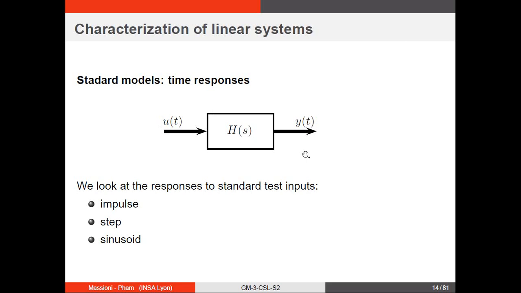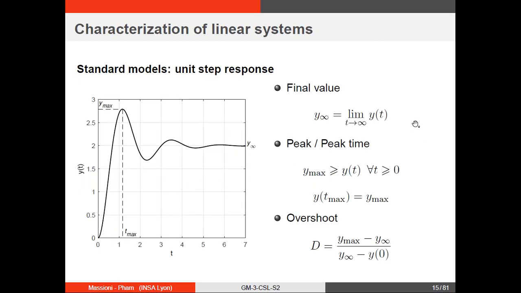It helps us to familiarize with the concept of dynamical system and input-output relation, and also it helps you recognize first and second order dynamics, in the sense that if you know what's going into a system and you see what's going out, you can have an educated guess on what is inside.